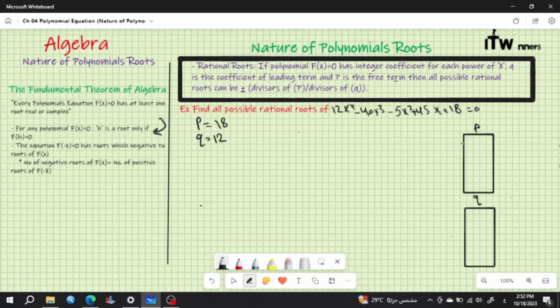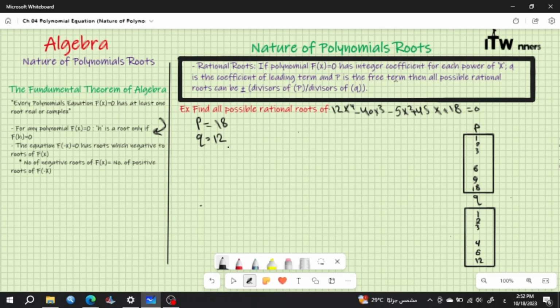Here the divisors of b will be 1, 18, 2, 9, 3, 6, and the divisors of q are 1, 12, 2, 6, 3, 4.